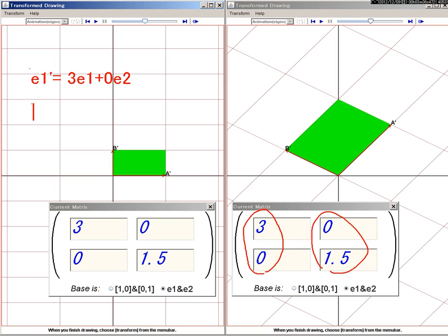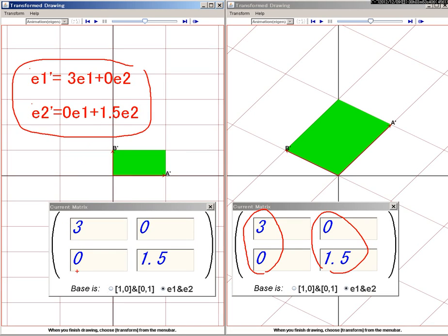And 0, 1.5 means E2' equals 0 E1 plus 1.5 E2. And these 3, 0 and 0, 1.5 mean the same.